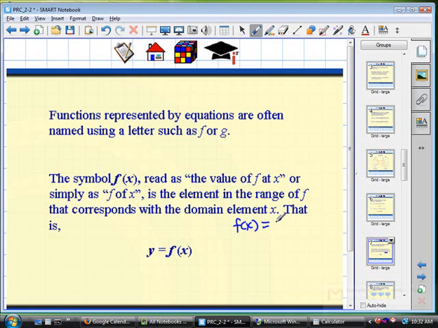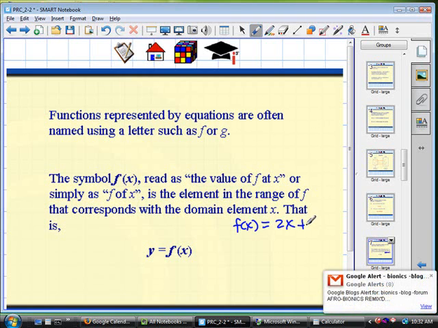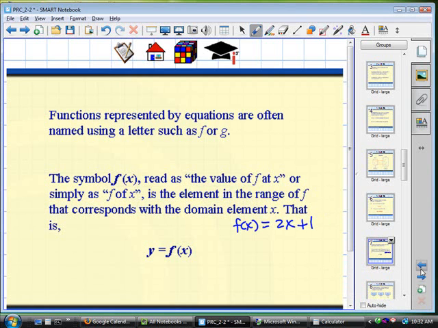Okay, that's in slope-intercept form, right? That's exactly the same as y equals mx plus b. And what is my m? 2. And what is my b? 1.